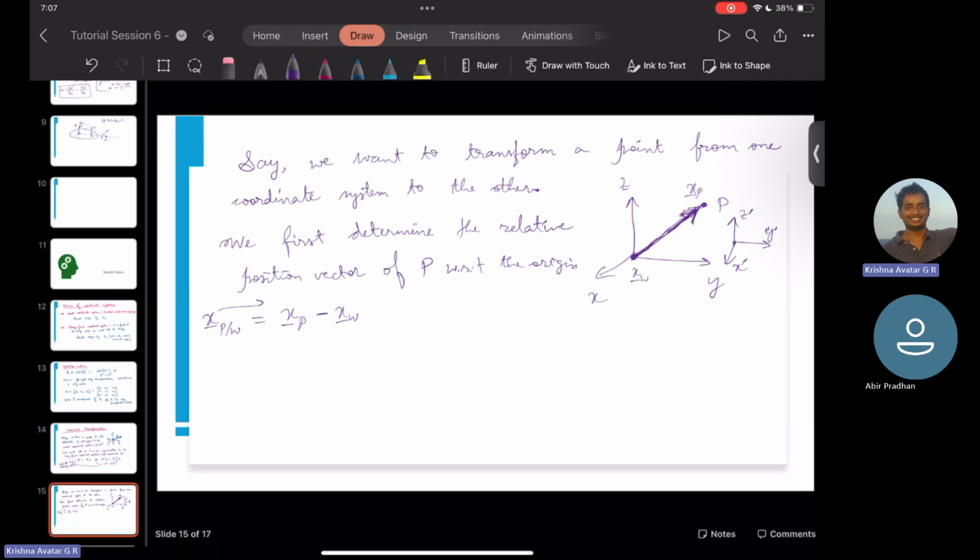So in this case, the origin will be X vector B, from the origin of this body fixed coordinate system, right? So in that case, we first determine the relative position vector of P with respect to the origin of the body fixed coordinate system. Yeah, now it makes sense.